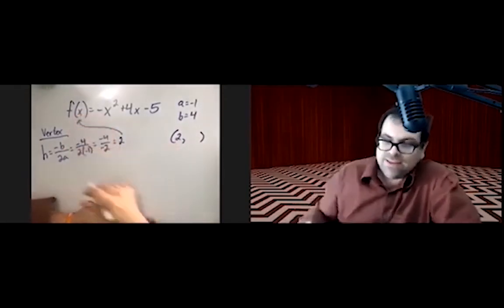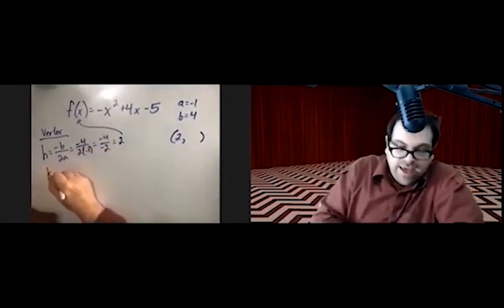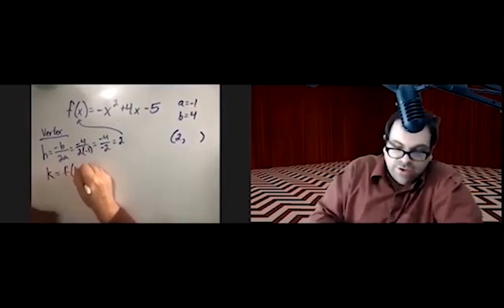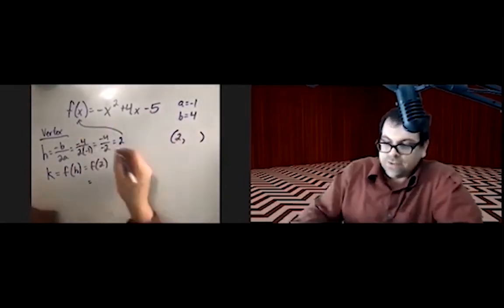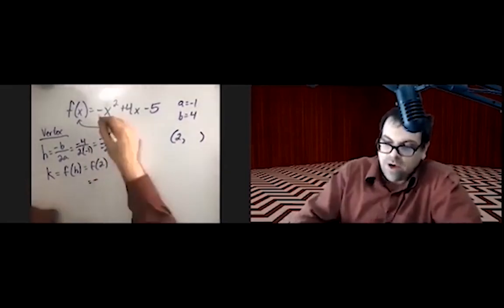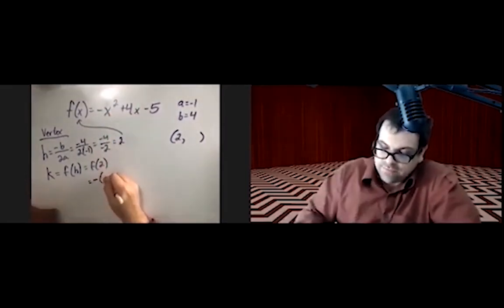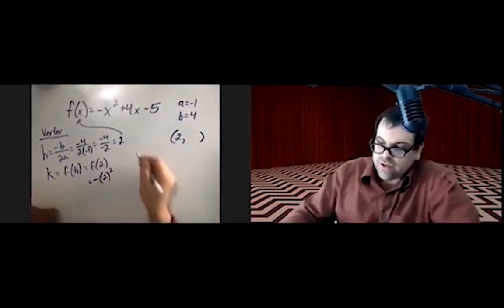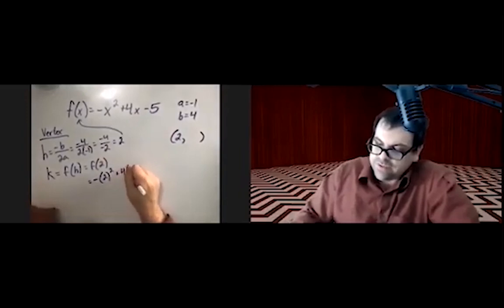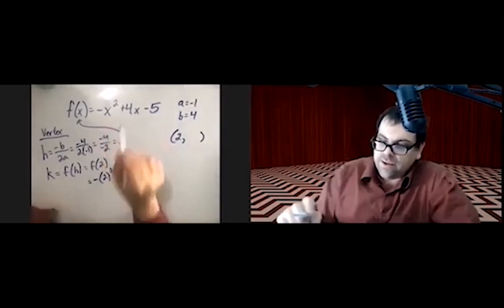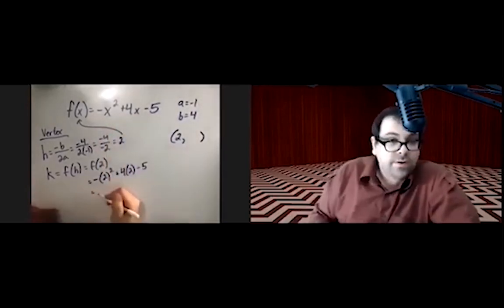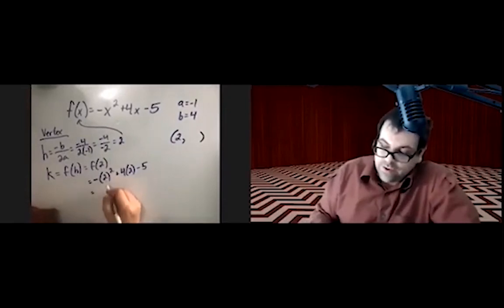Let's plug that into the function to find k. k is going to be f of h. In this case, that's f of 2. Which is what? Well, the opposite of just our x squared, the opposite of the 2 squared, plus 4 times 2, minus 5. Plugging it in there and there. 2 squared is 4. The opposite would be -4.